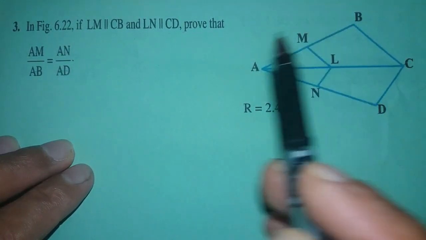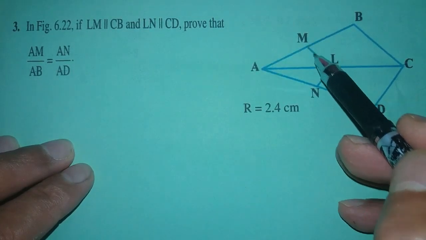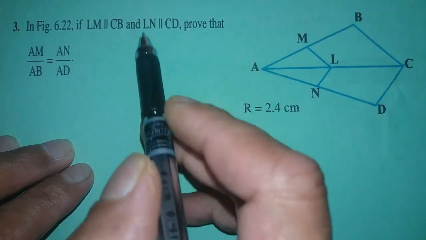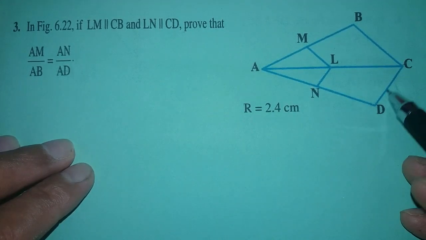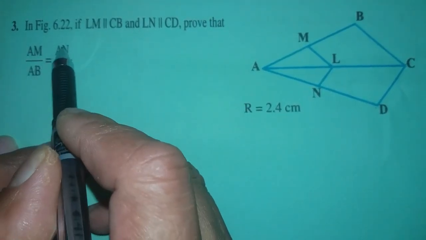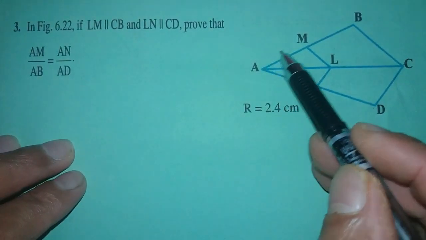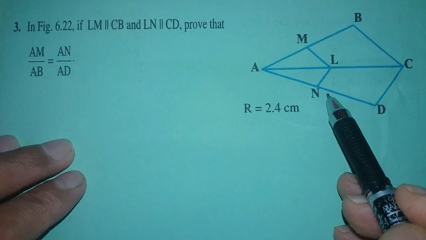In this figure, if LM is parallel to CB, and LN is parallel to CD, then prove that AM by AB equals AN by AD.